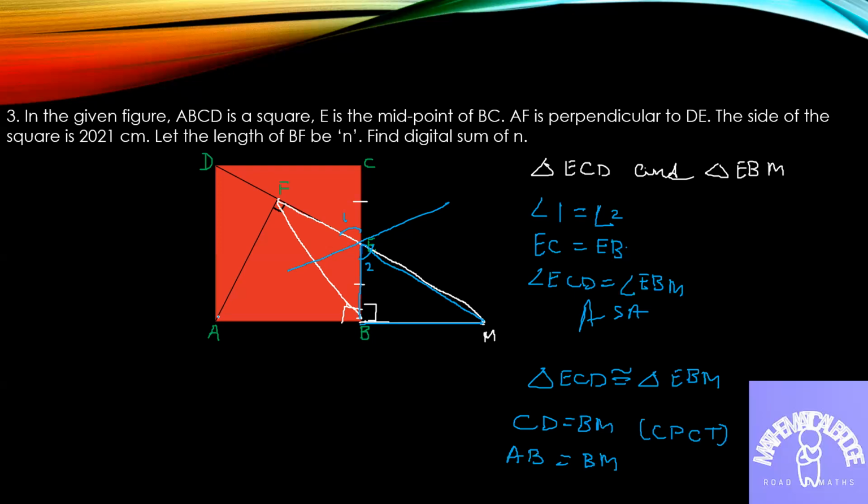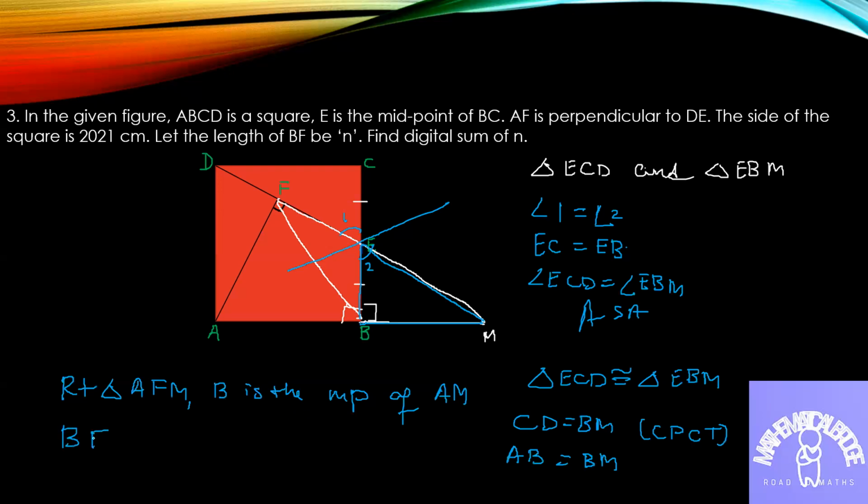Now see, in right angle triangle AFM, B is the midpoint of the hypotenuse. Let me write it. B is the midpoint of the hypotenuse, that is simply AM.